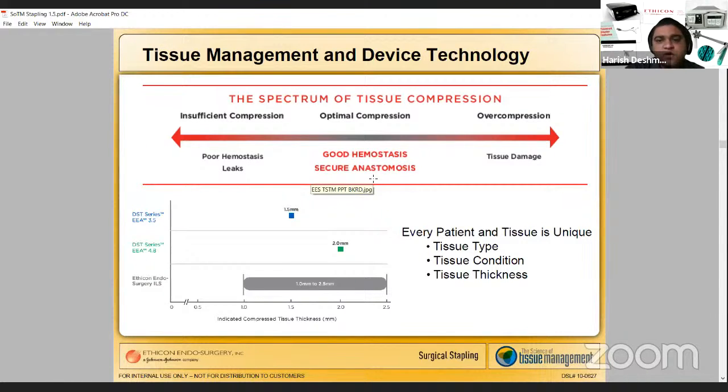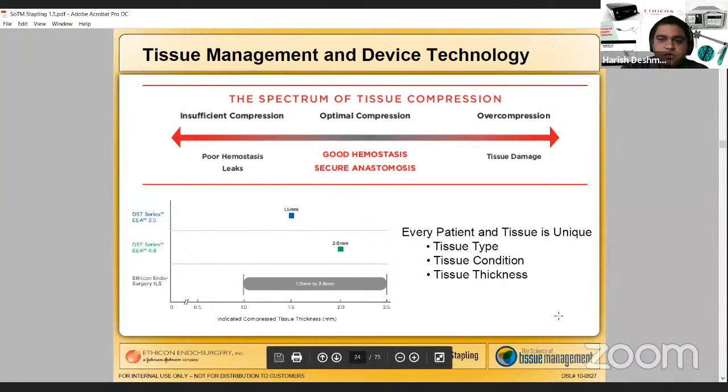It takes care of every aspect of the tissue dynamics. In further slides, you'll see the different tissue dynamics which affect the overall performance of a stapler. So optimal compression is very important in having a proper staple line.